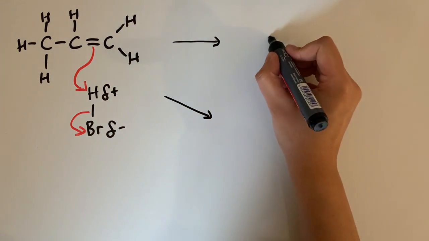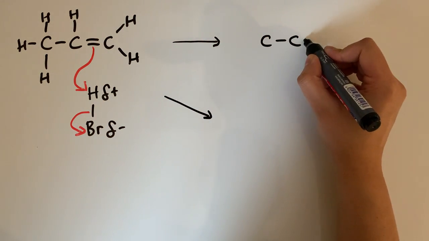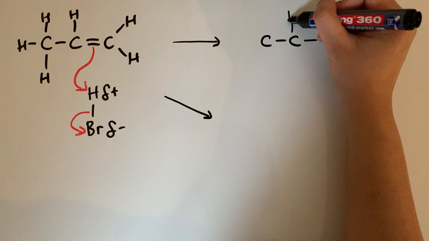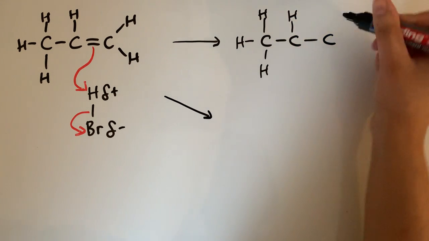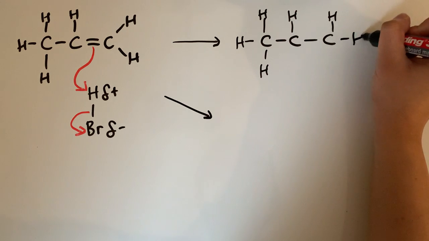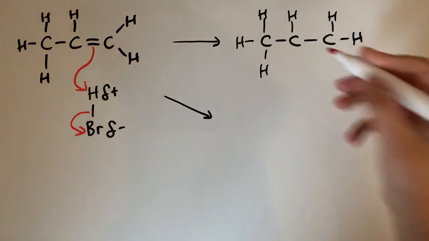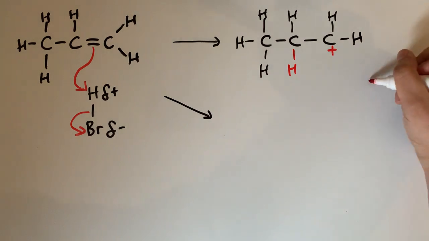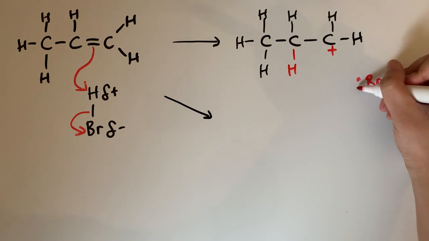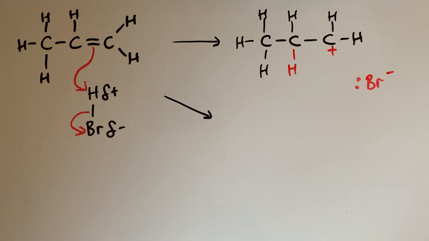One could be that the hydrogen attaches to the middle carbon, like that, and you form your carbocation here and your Br minus here.